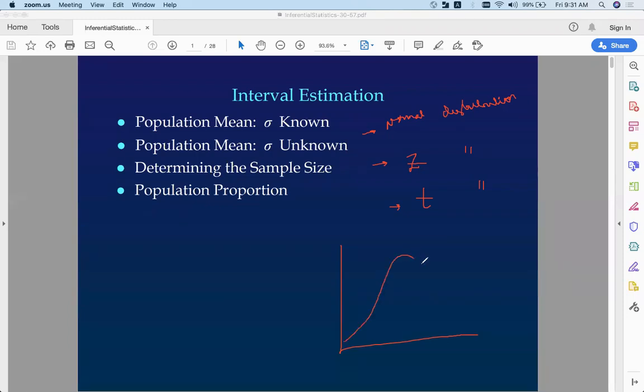We have some idea, right? A Z distribution might look like this, something like that, and a T distribution will look something like this. These are all sort of normal distributions only, but they have a different type of curve or fitting. I'll explain why and when we will use which distribution.